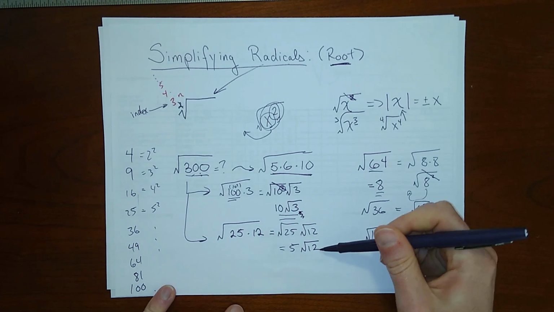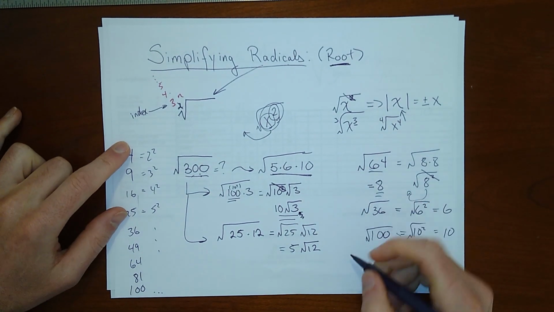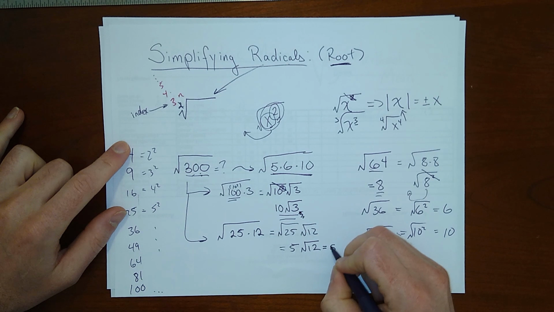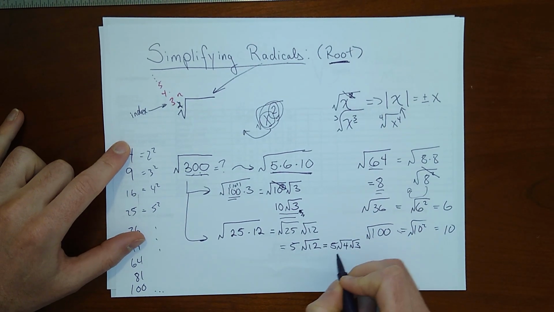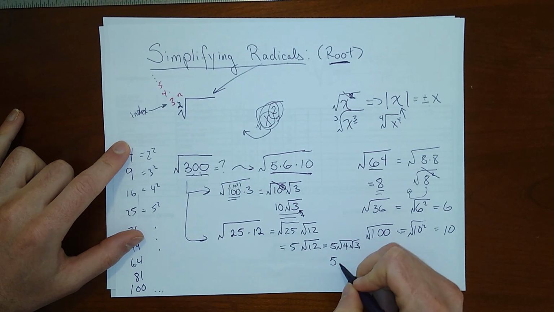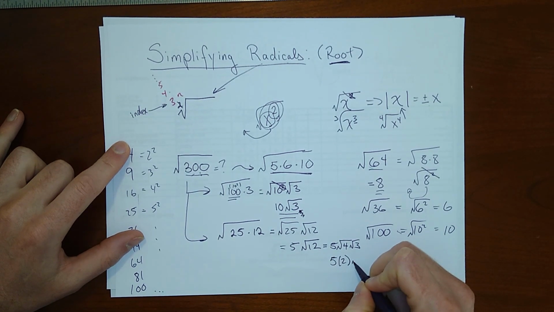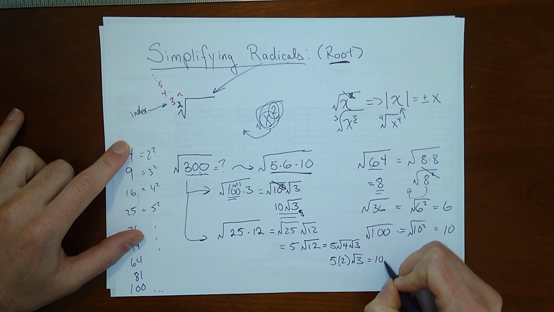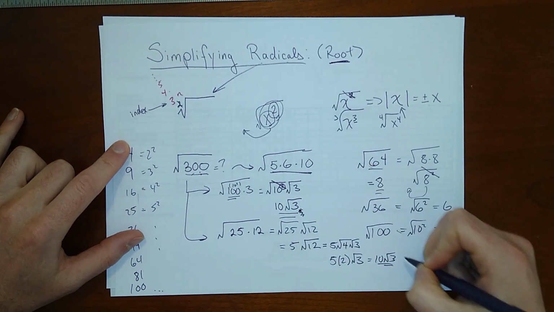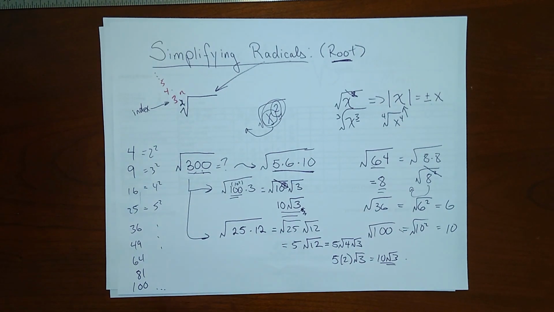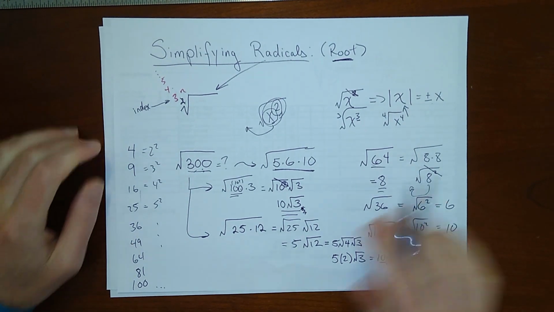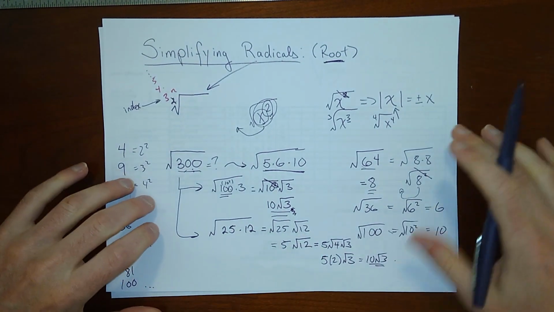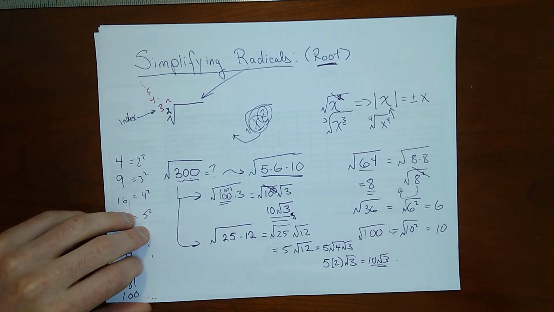The square root of 12 is divisible by 4 and 3, so I can actually simplify this further. 5 root 12 is root 4 times root 3. The square root of 4 is 2, so 5 times 2 times root 3, so I get 10 root 3, and I get the same simplified result as I did using the other perfect square. So it's divisible by 25, it's divisible by 4, it's divisible by 100. There are different ways that you can break this one down into factors which are coming from perfect squares.